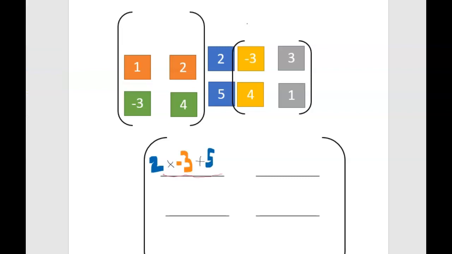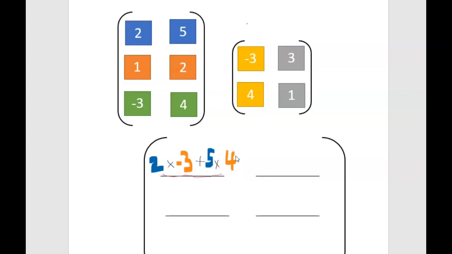So the 2 multiplies by the -3, they're a pair, plus the 5 times the 4. Now, if we had more numbers here, you'd actually keep going, but we're just going to keep it a little bit simpler. All right, I'm not going to write that just yet. Let's go ahead and do the rest.